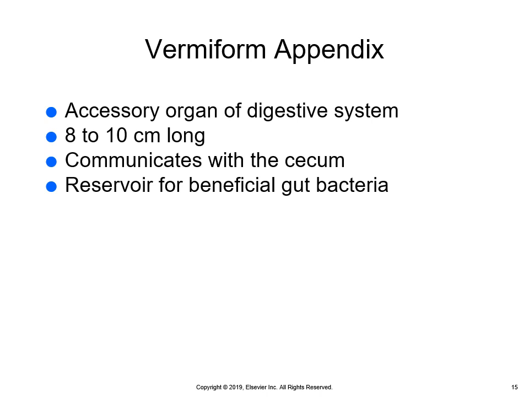In terms of the anatomy and the function of the appendix, it measures about 8 to 10 centimeters in length. It's connected to the cecum, which is the first part of the large intestine. In terms of function in the digestive system, it's a reservoir for bacteria, specifically the beneficial gut bacteria.